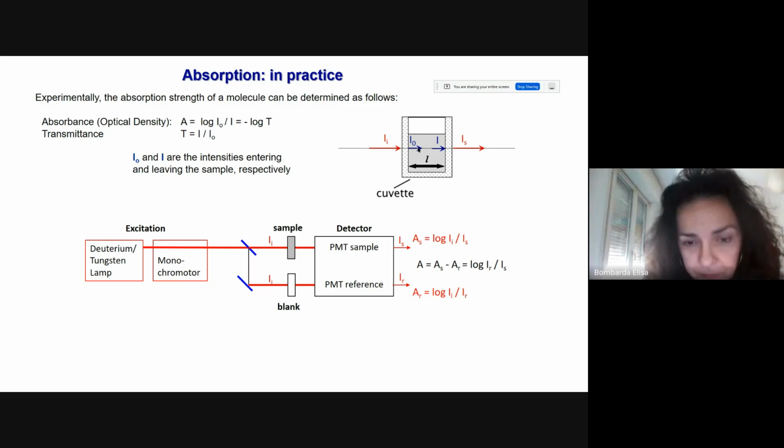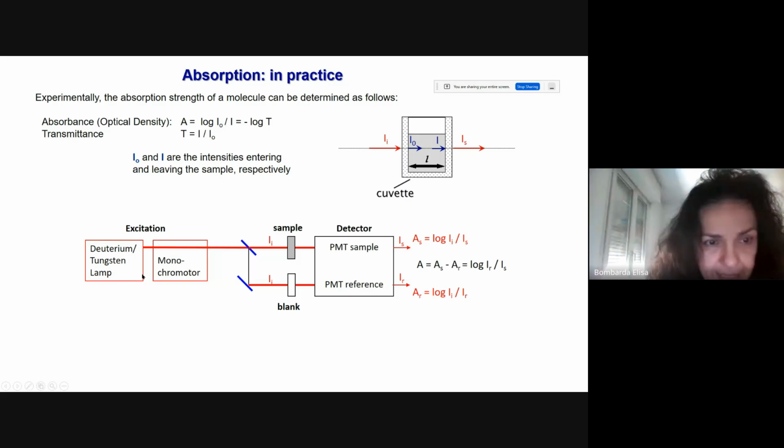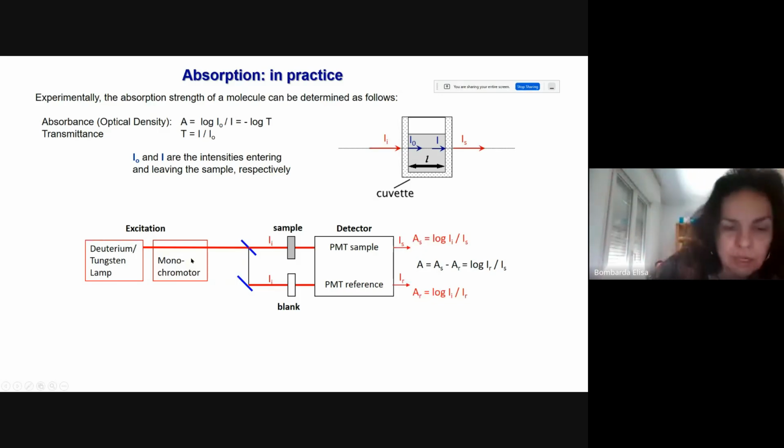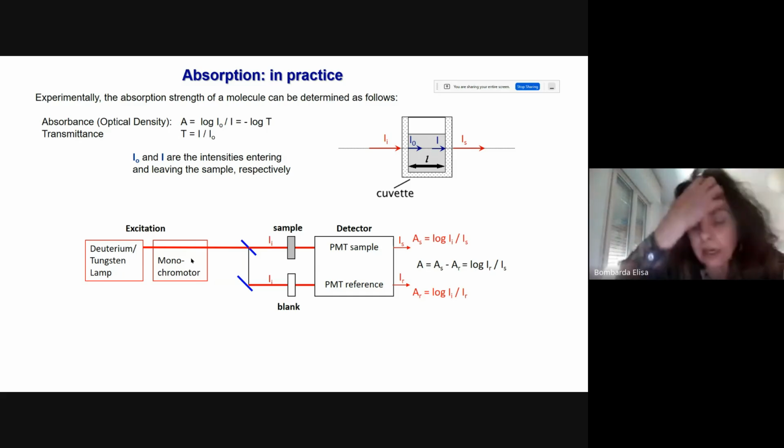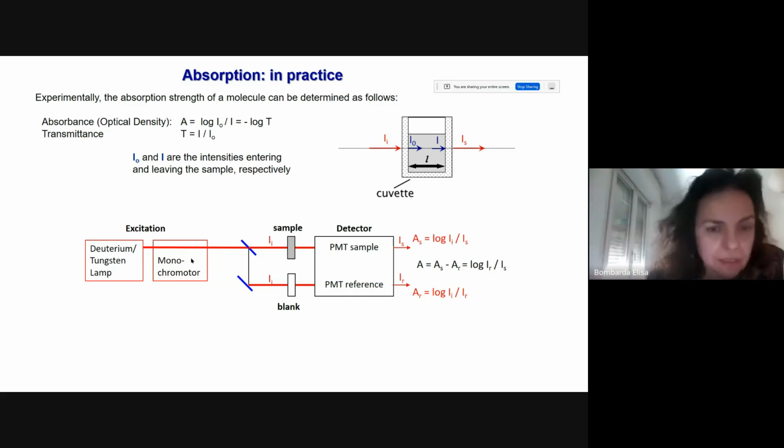First of all, in a high quality spectrophotometer there is a double beam. That is the excitation part: the lamp, and the monochromator to decide which wavelength. Normally there is also a device that can scan different wavelengths automatically, which provides the spectra at the end.